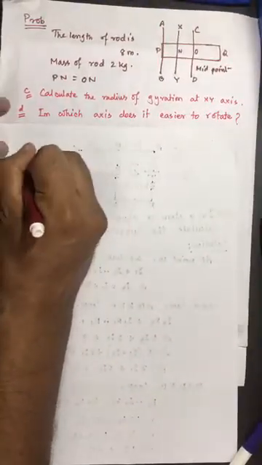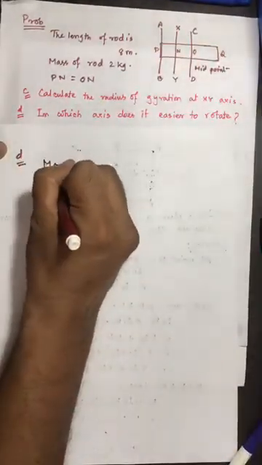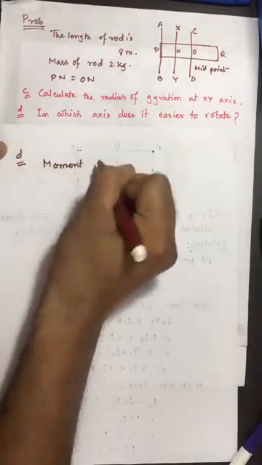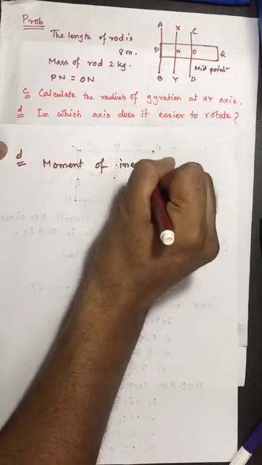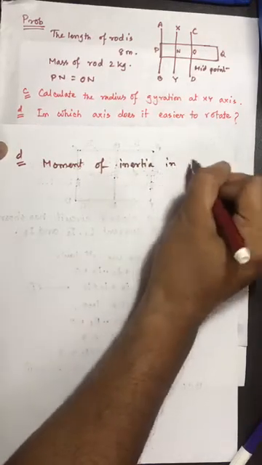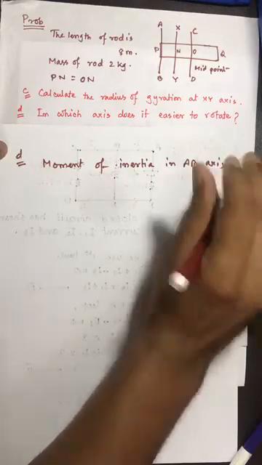Number D. So the moment of inertia in the AB axis. The moment of inertia in AB axis. Yes, are you clear?